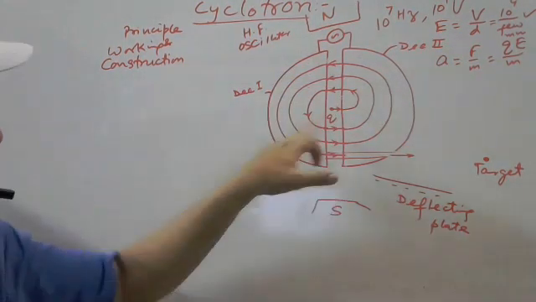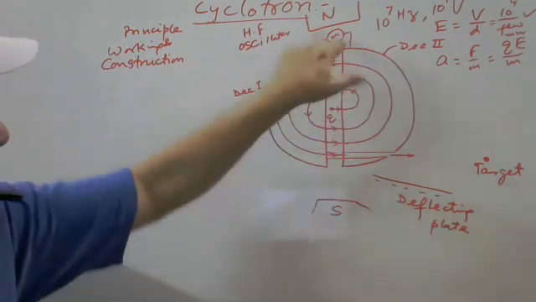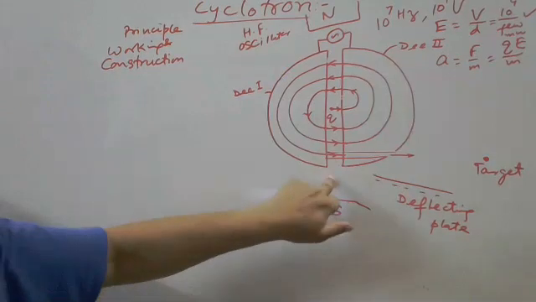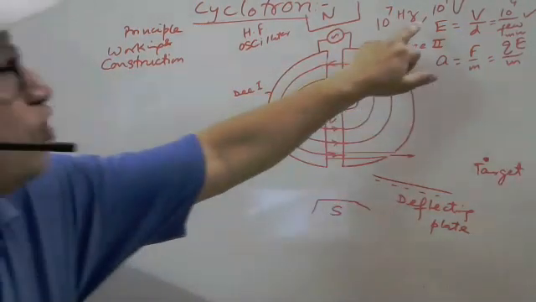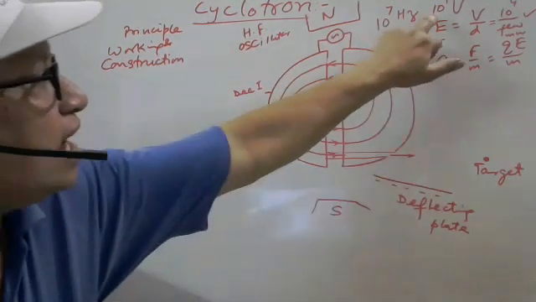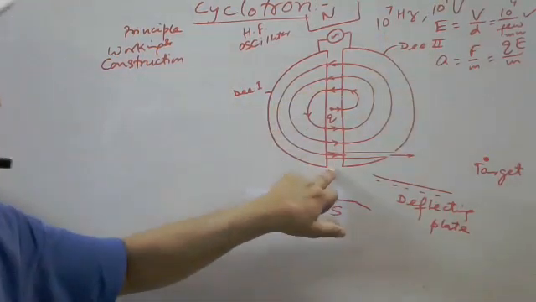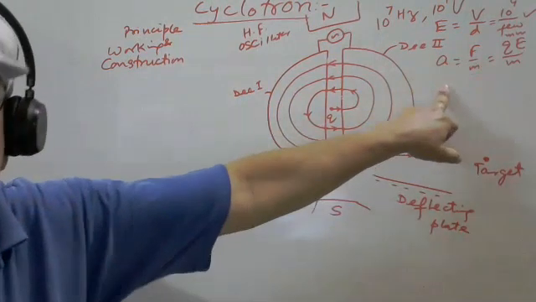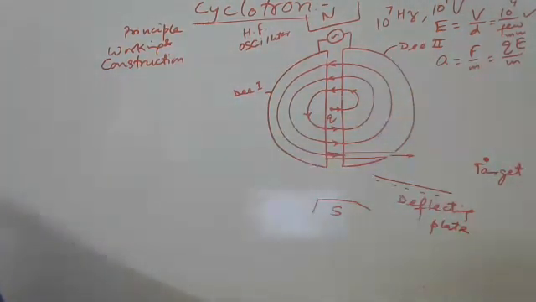As we know, these are the 2 Ds, D1 and D2. They are separated by a very small distance, and the voltage across these 2 Ds is very high, 10 to the power 4. The gap is very small, so the electrical field is very high. If the electrical field is very high, acceleration is very high. So in one stroke only, it increases the kinetic energy.